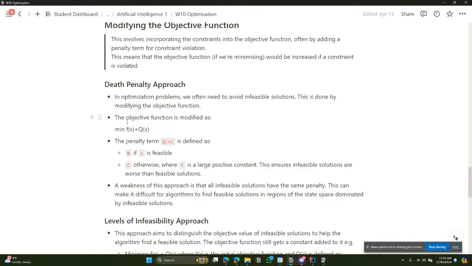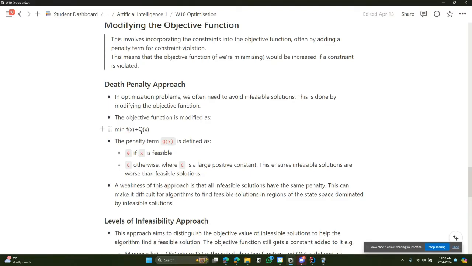We want to minimize f of x plus q of x. So f of x was the original objective function that you had all along, and q of x is defined as 0 if x is feasible, because we're trying to minimize. We don't want to add anything if x is feasible. It would just become f of x.